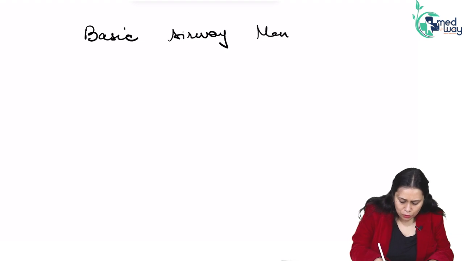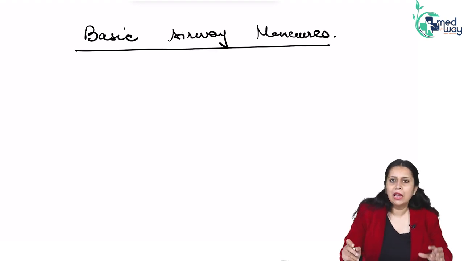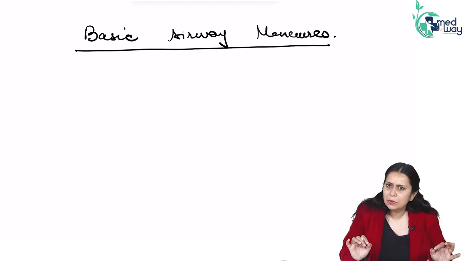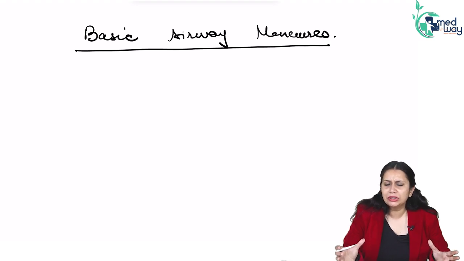So whenever you are in emergency and you receive a patient, maybe a trauma patient, maybe an unconscious patient due to some reason, coma, toxin ingested, anything, and the airway is compromised, airway patency is not maintained, we need to do some immediate maneuver to open the airway because it is an emergency situation. If the atmospheric air will not reach the alveoli, oxygen will not reach the alveoli, and hypoxic arrest will happen.